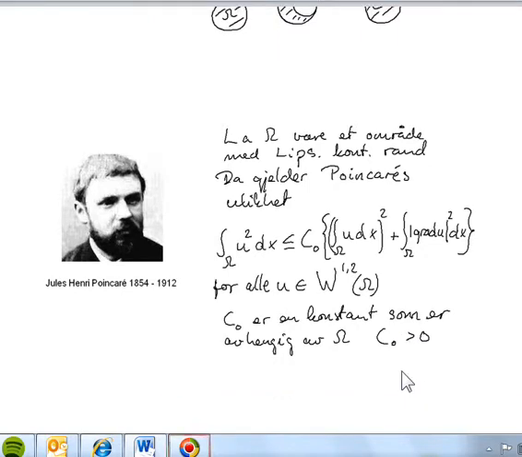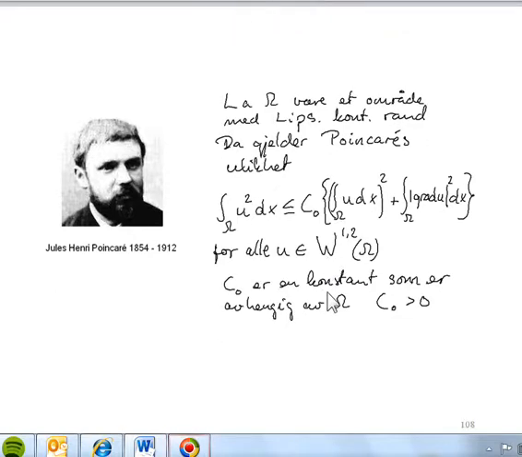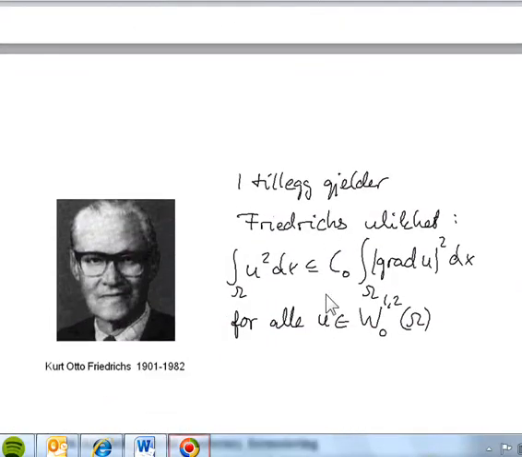We also have a special inequality which only holds in a subset of these functions, namely the functions with 0 boundary conditions. This inequality is called the Friedrichs inequality, named after the mathematician Kurt Friedrichs.